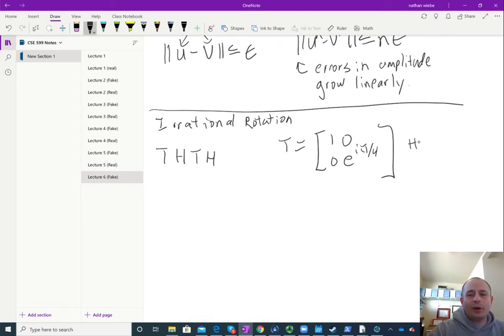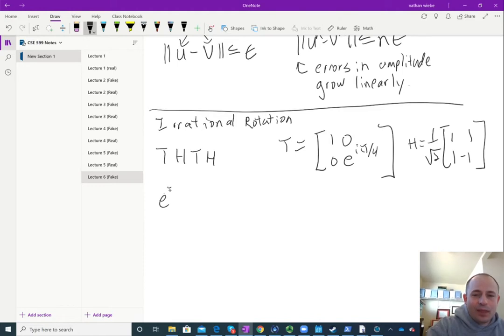And of course, Hadamard, which we've seen to death, but I'll write one more time, is this matrix. So we can go through this, and also using the fact that e to the negative i Z pi by 8 turns out is equal to T up to global phase.